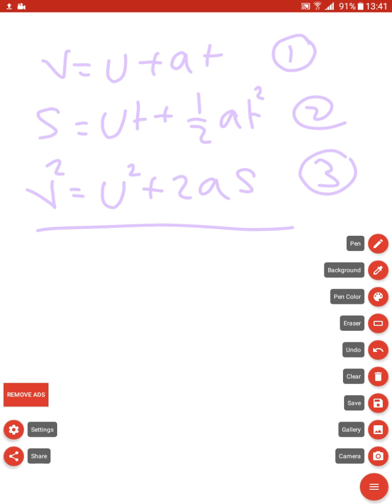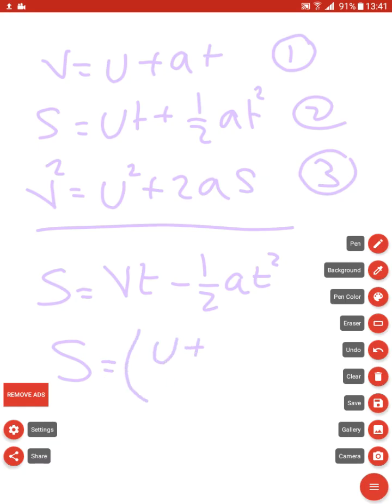We have another two equations, which are s equals vt minus half at squared, and the last one, s equals the average velocity, which is u plus v over 2, multiplied by t.